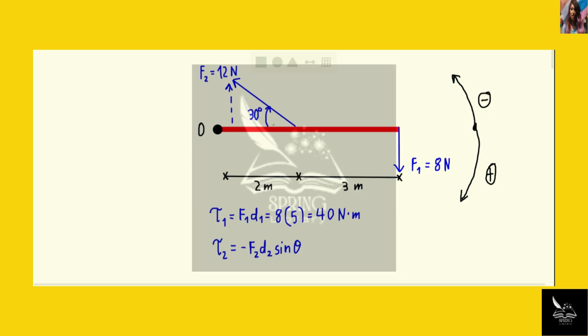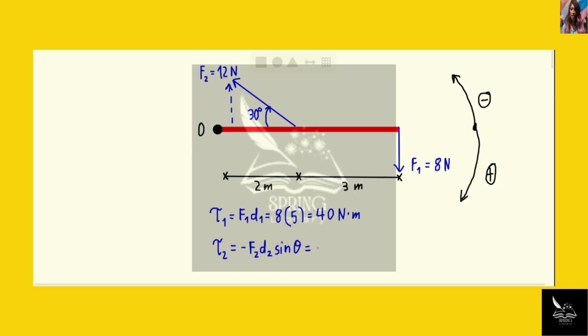This other component is simply pushing the rod to the left. It is not rotating it. So that is why we only account for the opposite component of force. Over here, we didn't have to do that because 100% of the force was on the vertical axis. But over here, we have 30 degrees.